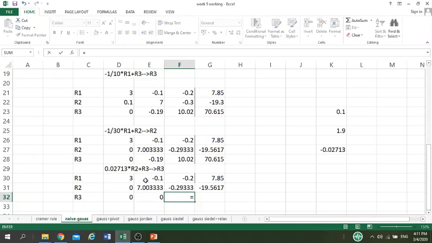For this one, 0.07271 times row 2, plus row 3.